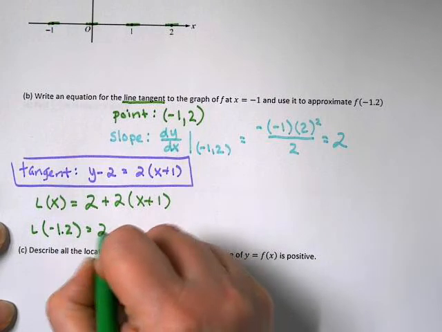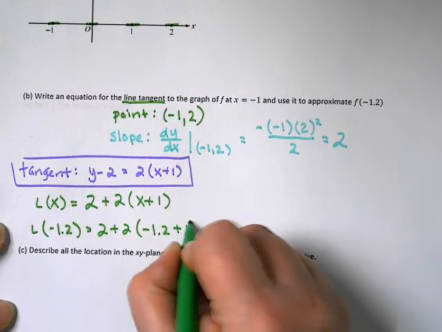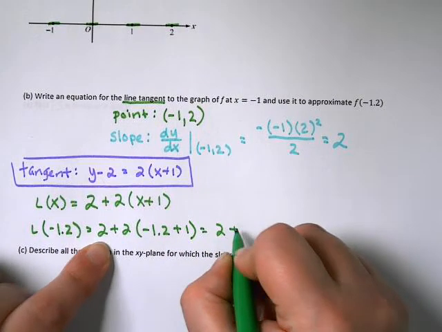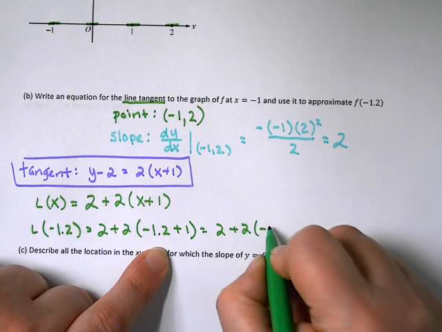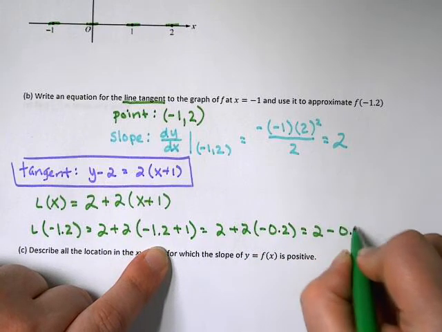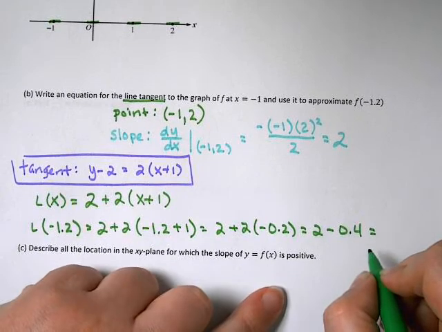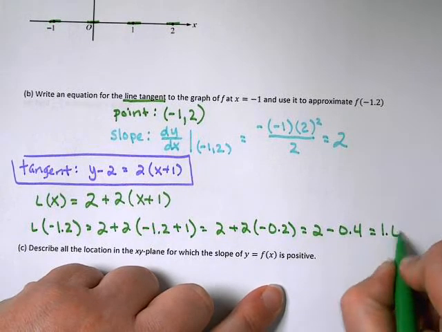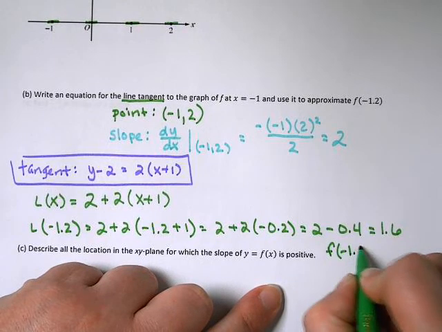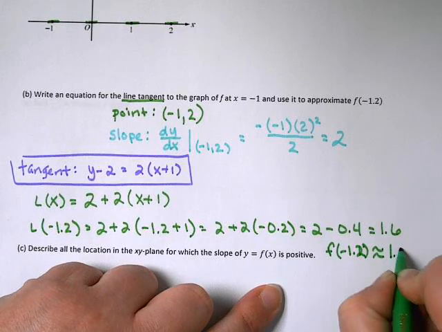So we have 2 plus 2 times (negative 1.2 plus 1). So we'd have 2 plus 2 times negative 0.2, which really means 2 minus 0.4. And so we get that L(-1.2) is really 1.6. So if we're trying to approximate f(-1.2), that's approximately 1.6.